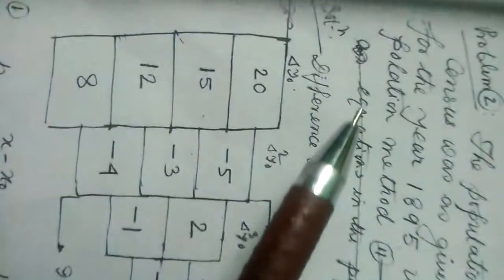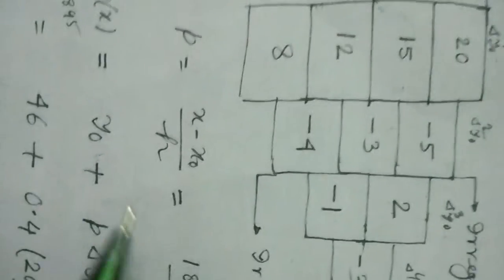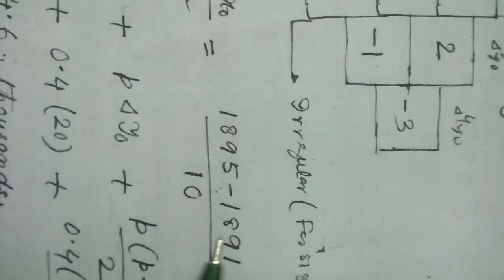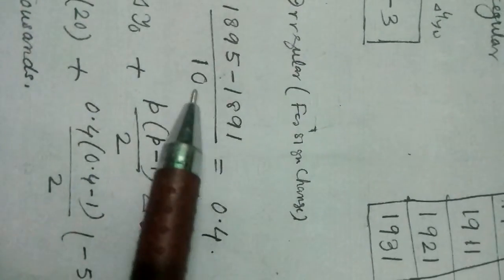X is what? X is which you have to find out. X is 1895, minus 1891, which is x0, divided by h, which is 10. X0 is given, 1891. So this is h, and p is 0.4.